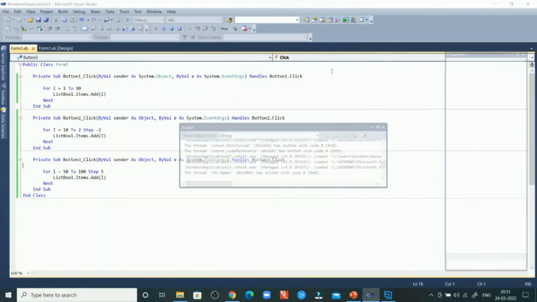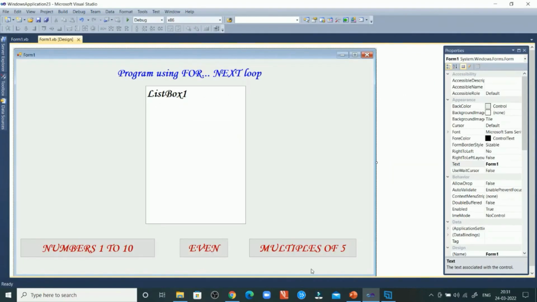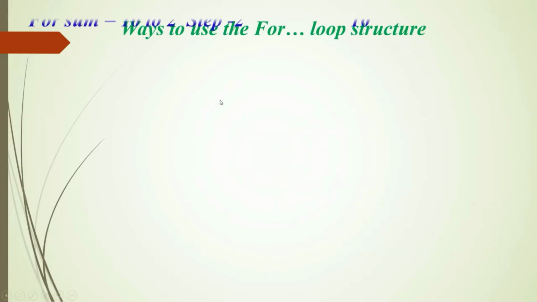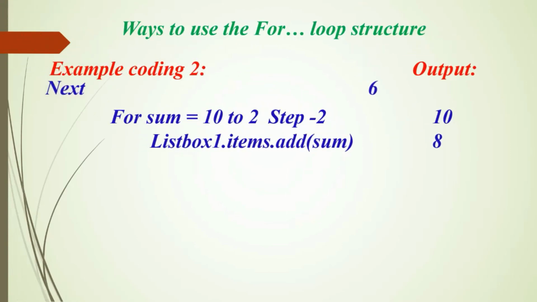Now it's time to return to our Visual Basic PPT screen. So -2 means the values are reduced. I already explained this; let me show the output again.